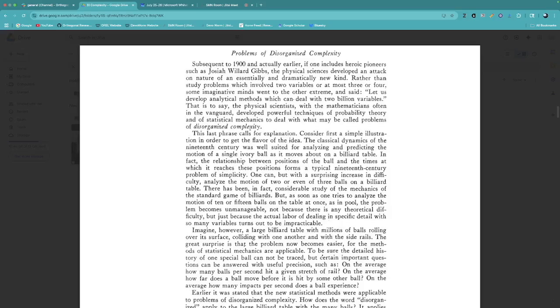And so the classical dynamics of the 19th century was well suited for analyzing and predicting the motion of a single ivory ball as it moves about on a billiard table.